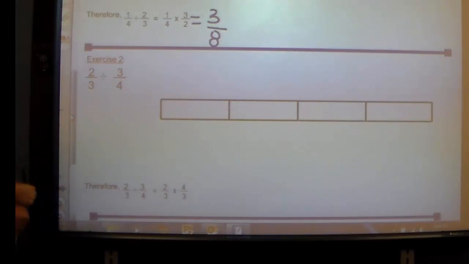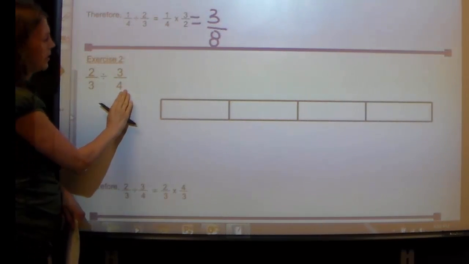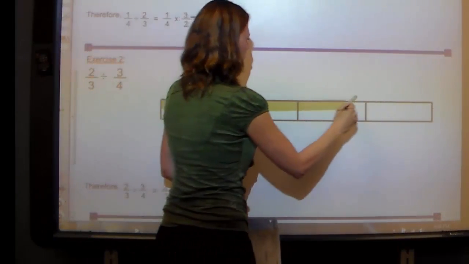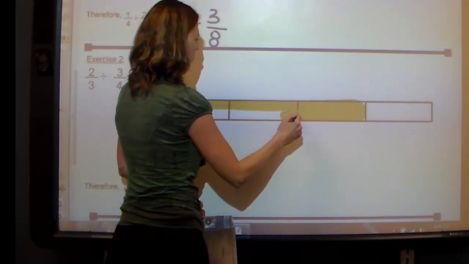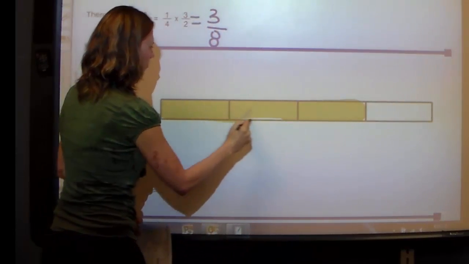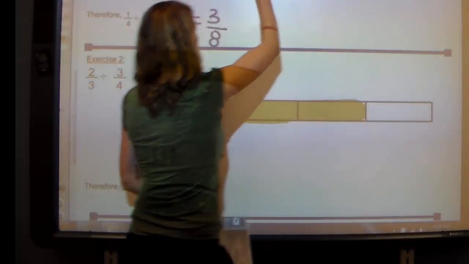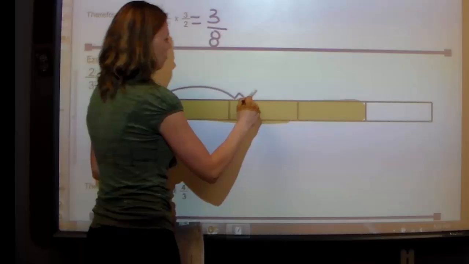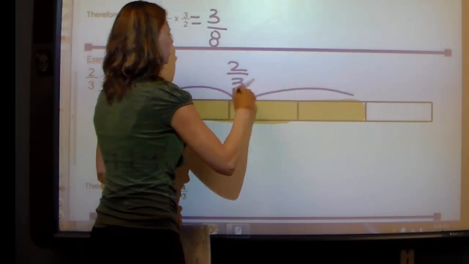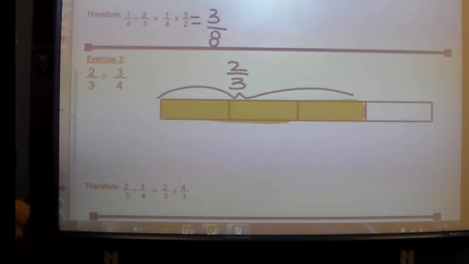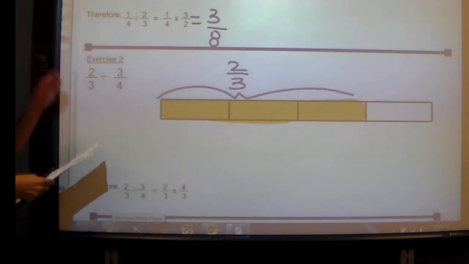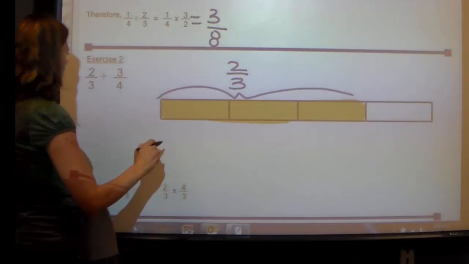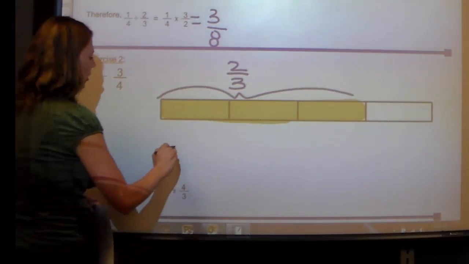Exercise 2, 2/3 divided by 3/4. Again, the model is going to be the second fraction. And the 3/4 is going to be worth 2/3. If I have to divide my 2/3 into 3 boxes, again, I can show 2/3 divided by 3.